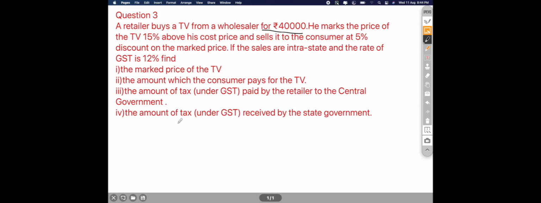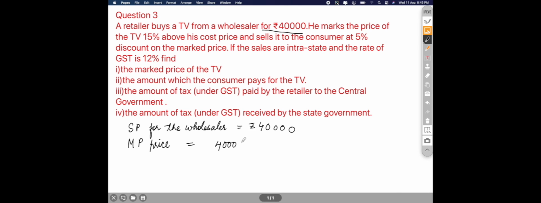So here, first of all, we have to find the marked price, right? So let us start with the selling price for the wholesaler. Selling price for the wholesaler is rupees 40,000, and marked price that the retailer has marked is 40,000 plus 15% of 40,000.